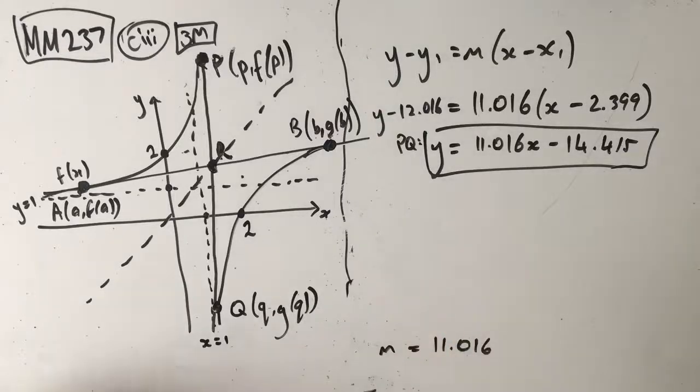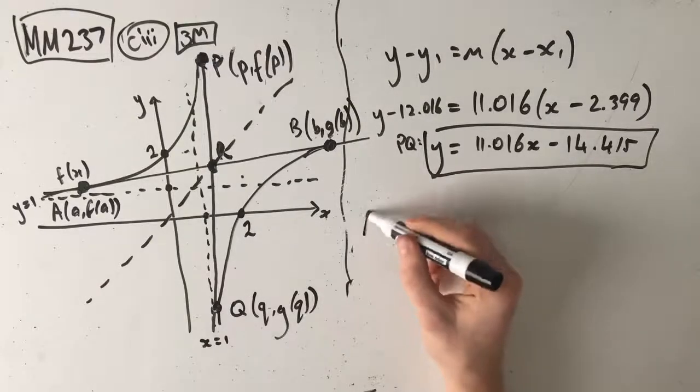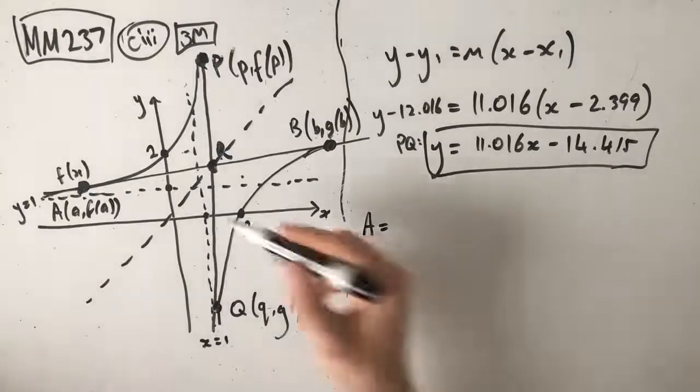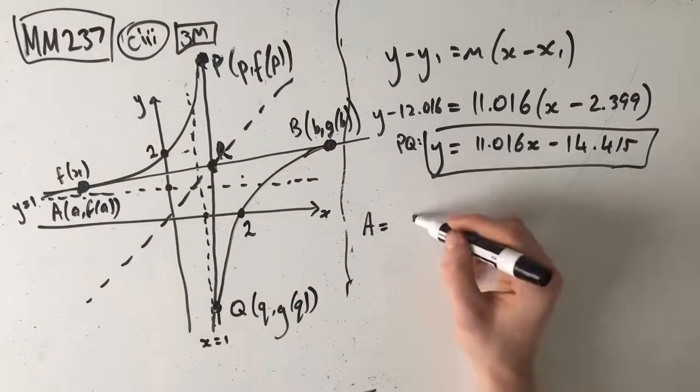So now, just looking back at the equation that you wrote down before, we have our top area, so this area up here, is equal to, from A to R, right?